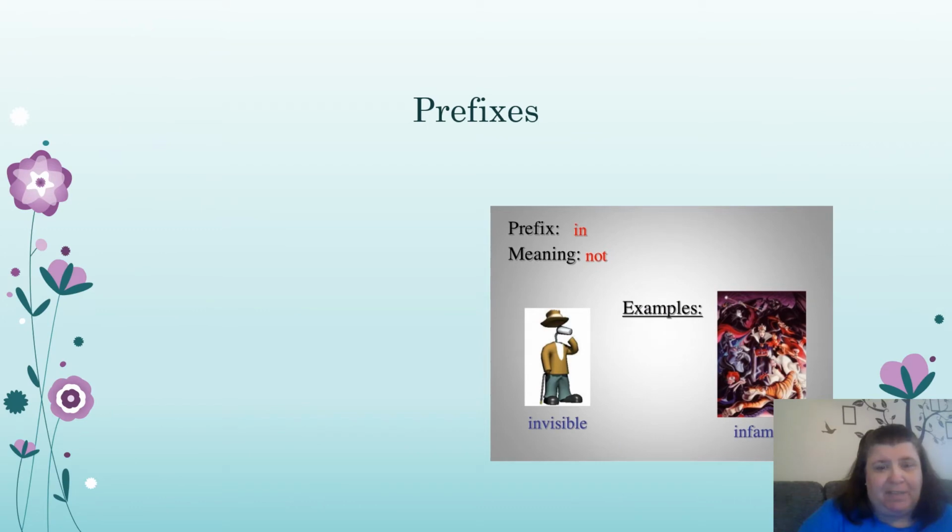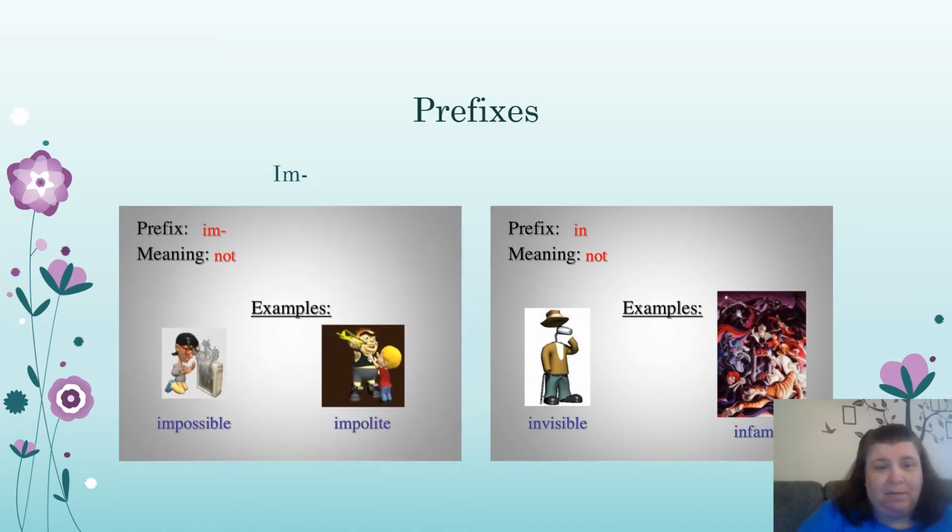Examples of prefixes and suffixes. If we have the prefix im, it means not. So we have the word possible and we add im in front of it, it becomes impossible. That means not possible. And then we have polite.